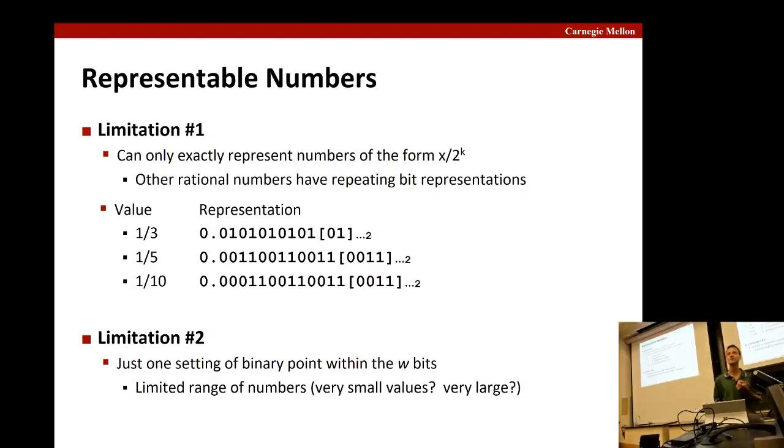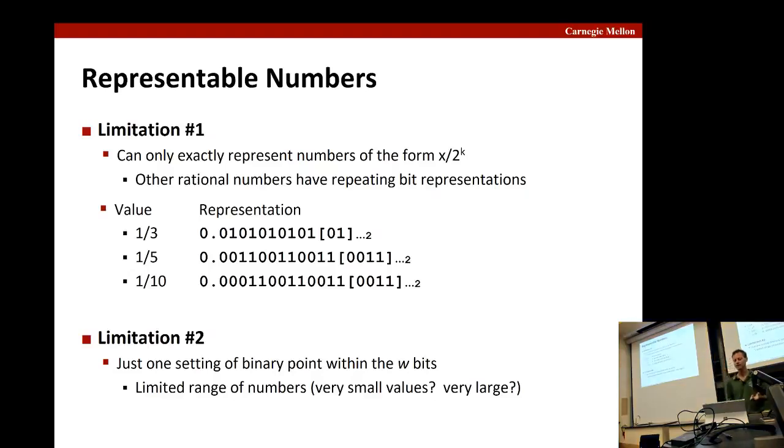But if I wanted to represent something like a third, then it never divides evenly. It ends up being a repeating sequence of 0, 1, 0, 1, 0, 1. Similarly, a fifth ends up being a repeating sequence of 0, 0, 1, 1, 0, 0, 1, 1, and a tenth is that same sequence just shifted over because you're dividing by 2.